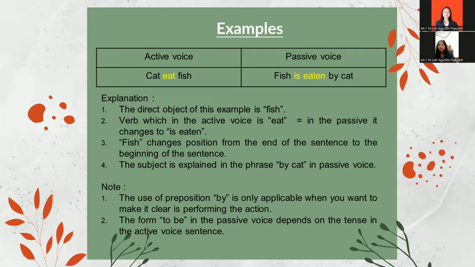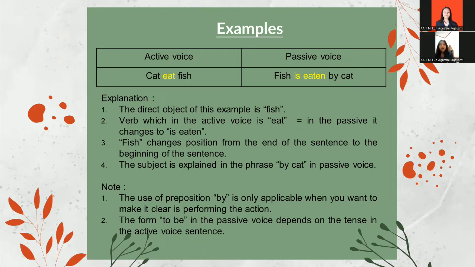Fish changes position from the end of the sentence to the beginning of the sentence. The subject is explained in the phrase 'by cat' in passive voice. So in the active voice, the cat is the subject that performs the action of eating the object fish.